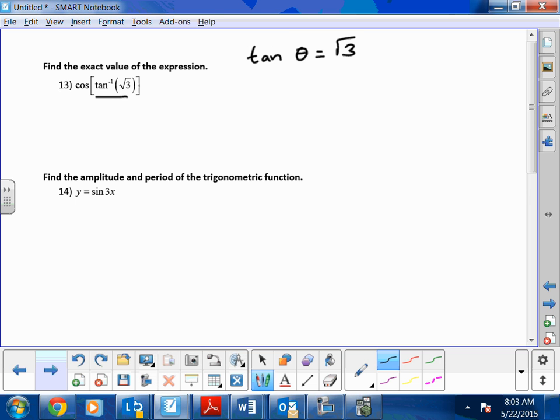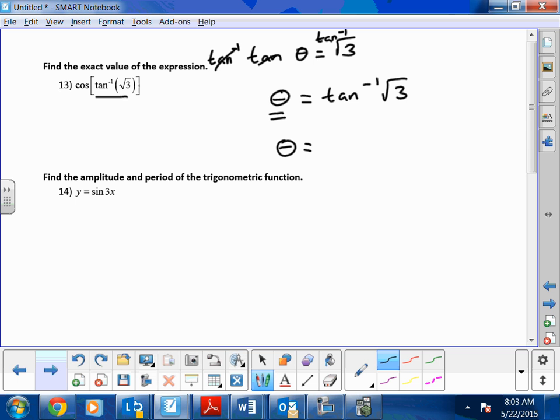So if I ask you for the tangent inverse, that means I have applied this inverse function, which cancels out this. So I'm asking you for the radian. What radian has the tangent value of the square root of 3? So let's go ahead and find out what tangent value we have for the square root of 3. And when you look at this tangent value, it occurs specifically at pi.